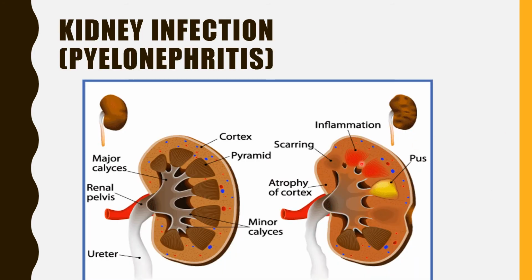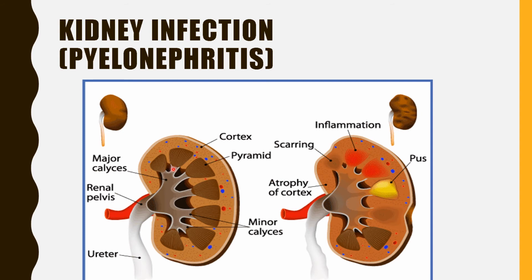Next, kidney infection, that is pyelonephritis, where there is blood in urine. You can see two kidneys. One is a normal kidney and this one is an abnormal kidney. And in this kidney you can appreciate the renal pelvis is here where my pointer is, and that's the ureter going, the whitish part.